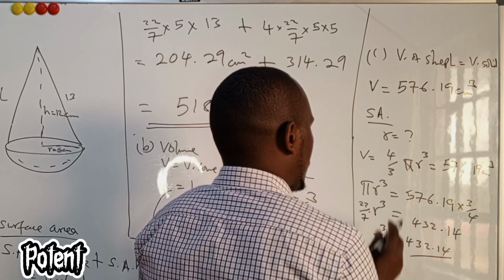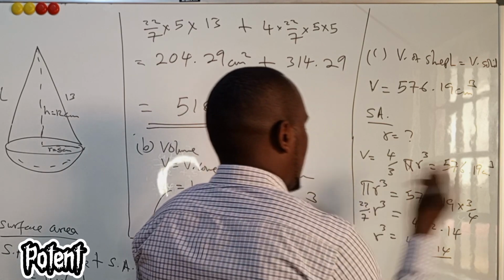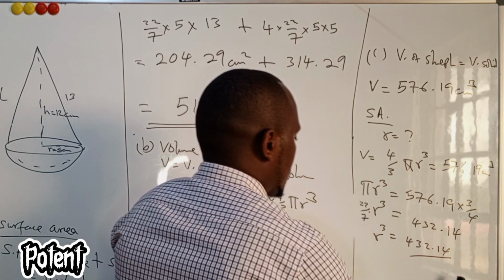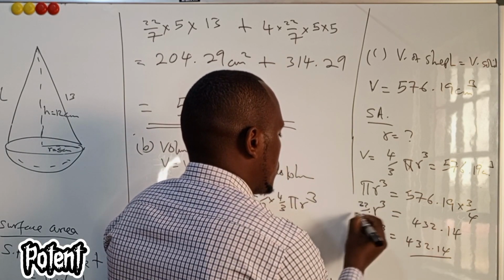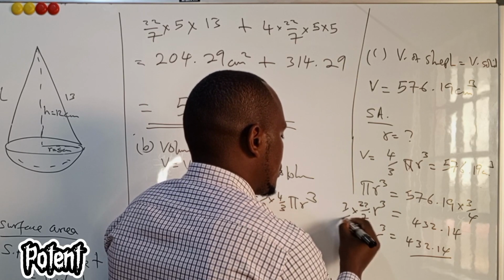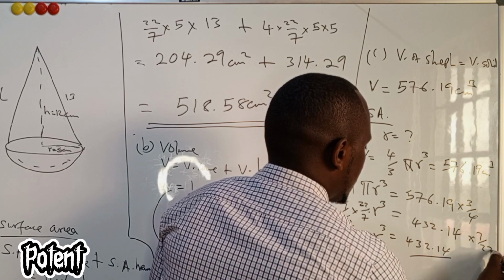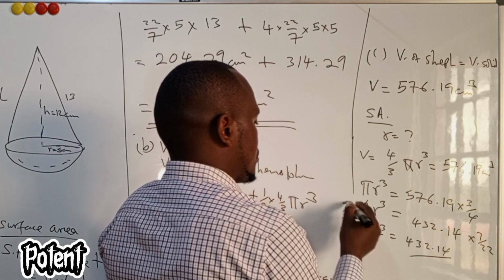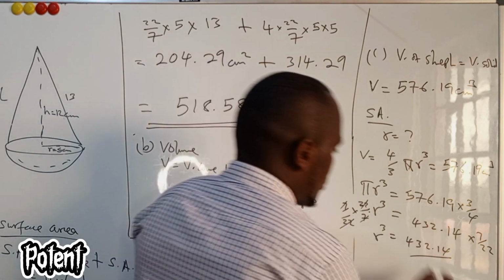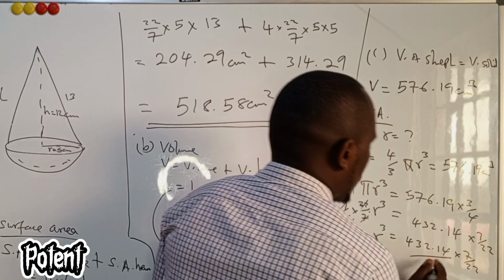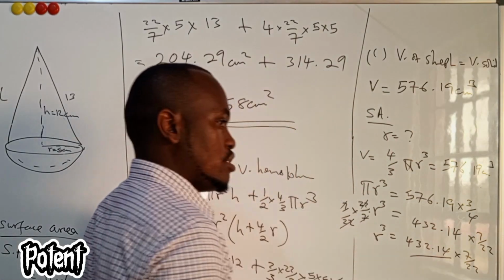So you can take this to the other side. To do that, you can multiply both sides by 7/22, so that this one is cancelled out. Alright? So r cubed is equal to this times 7/22, or you divide by pi in your calculator.